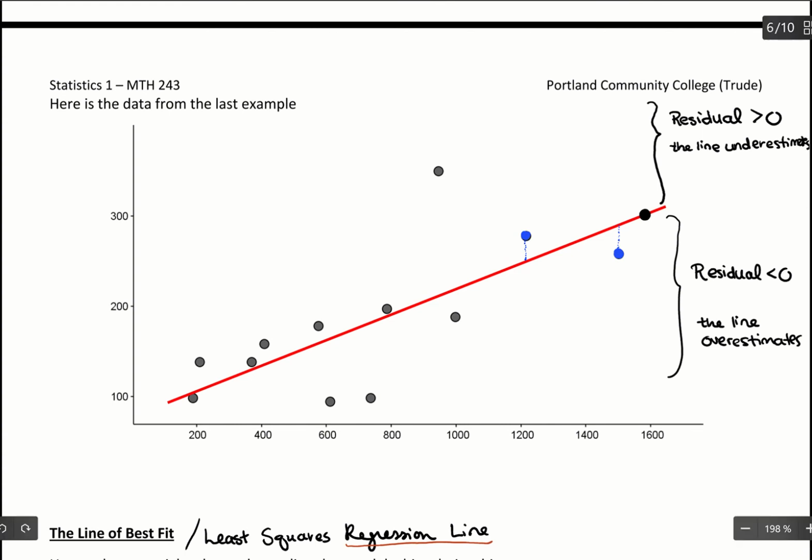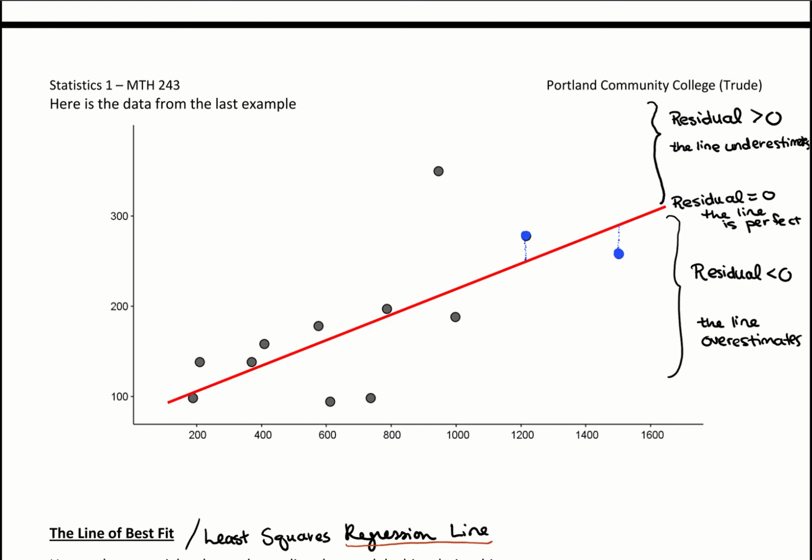So when you take that subtraction, you're just going to get a 0 out. And that would be a case that, like, they predict I would spend $300 and then I spend exactly $300. So this is where the line is perfect. It gave me the perfect prediction for what would happen. I'm going to delete that dot since it's not an actual data value.